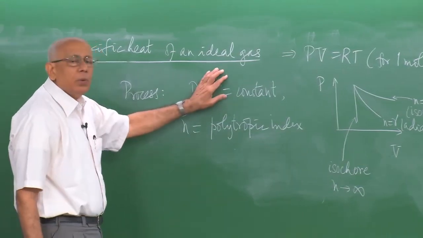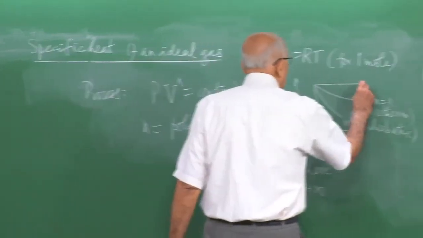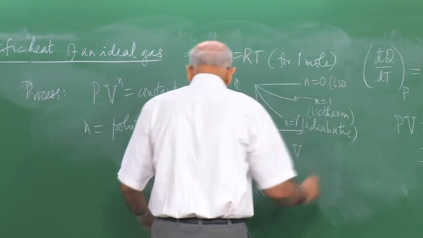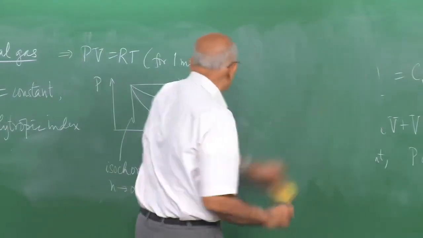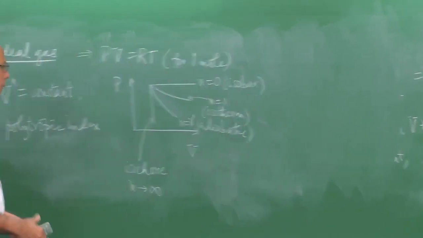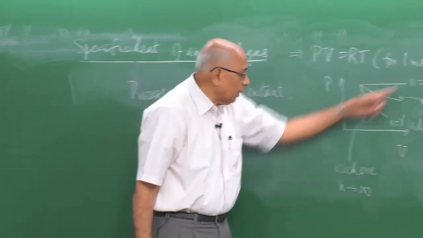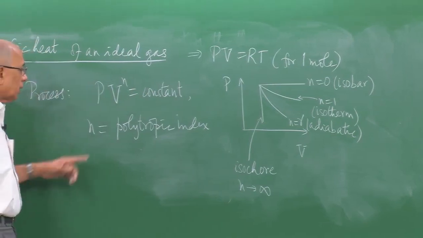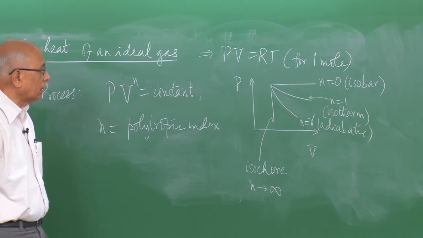And when n is 0, P is constant, that is an isobar. So you can have any number between 0 and infinity for n, and then you get a so called polytropic process in which n is the polytropic index, anything in between.